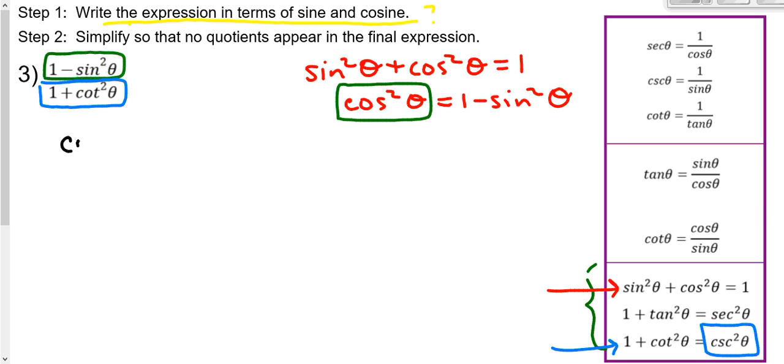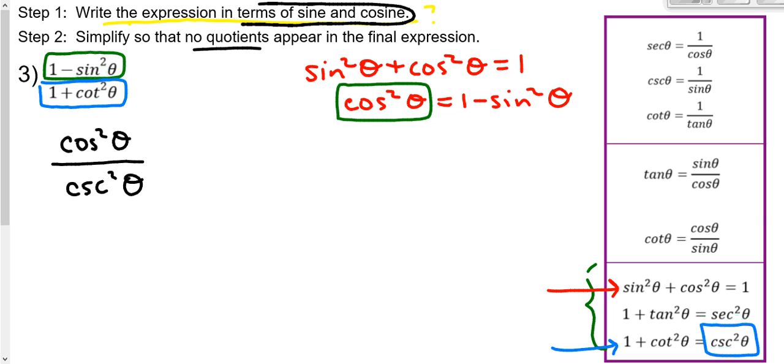And we have cosine squared theta over cosecant squared theta. Now this is still a quotient, and it says eventually we should get rid of our quotients. So to do that, now is a good time to change things to be in terms of sine and cosine. Cosine squared theta is already in terms of sine and cosine, so it's staying put.